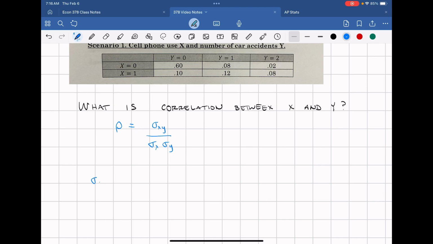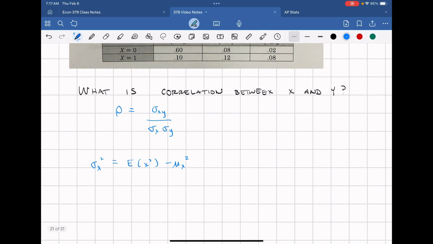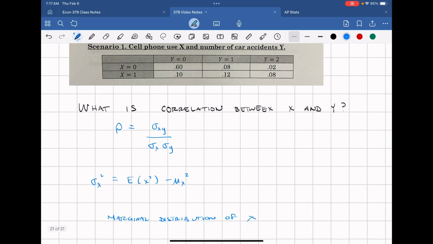So the variance of x, sigma squared x, is equal to the expected value of x squared minus the mean of x quantity squared. Given this, we need to find these values, and we do so by first finding the marginal distribution of x. We can do this looking at our table, where this is the probability that X is equal to x, and we can add these across.